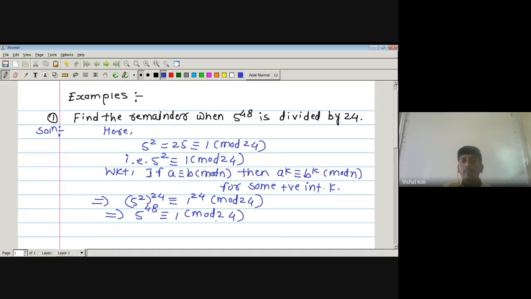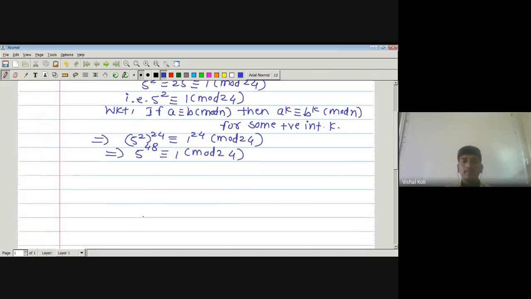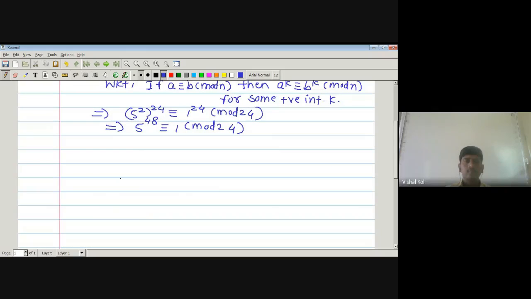Now from this, what is the remainder when 5 to the power 48 is divided by 24? 1.